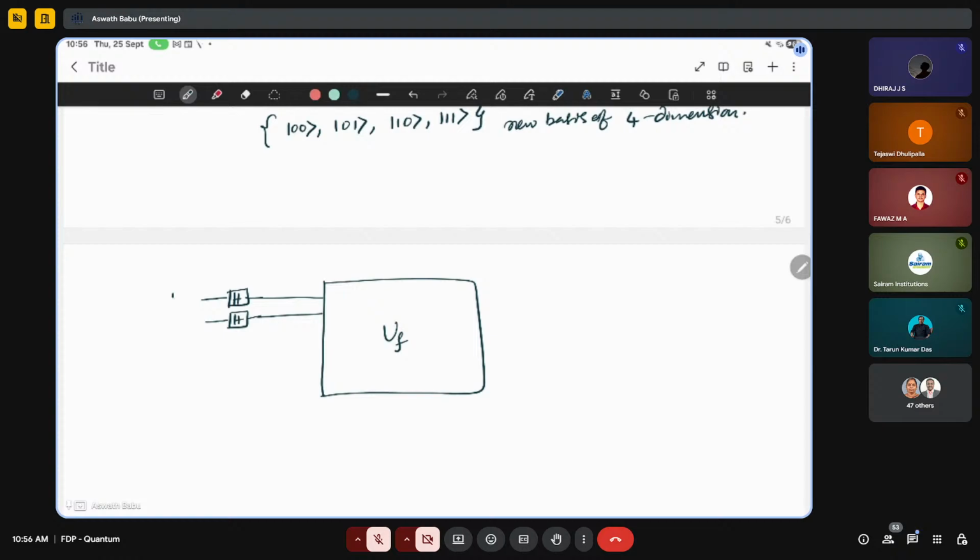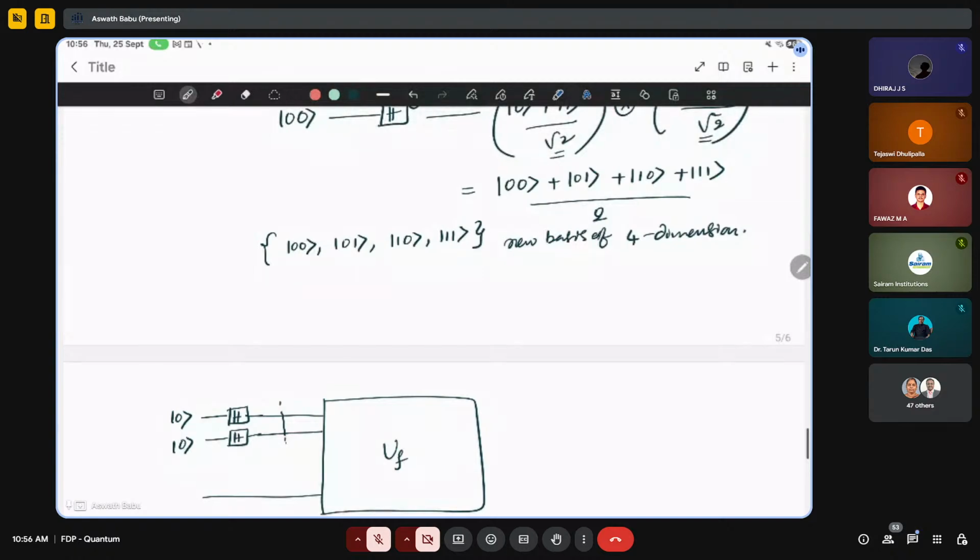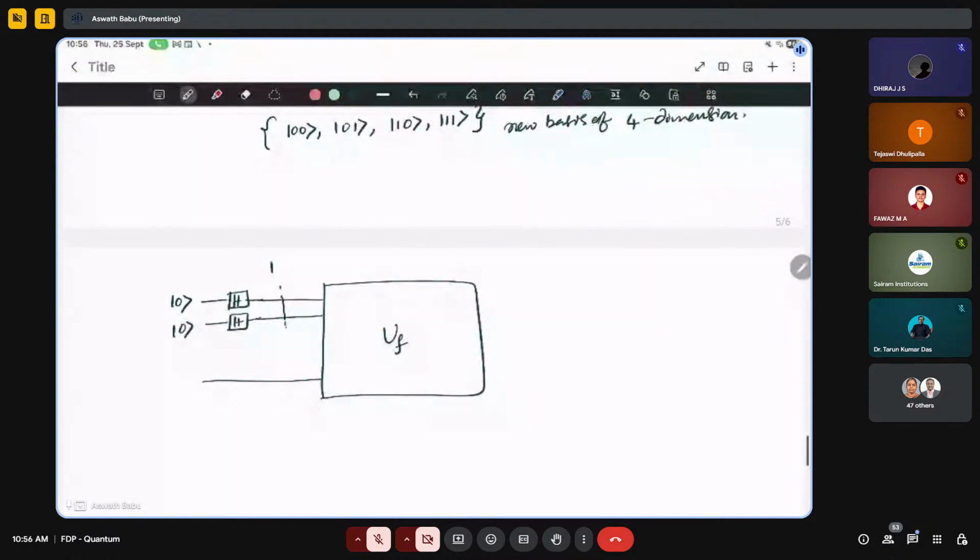Starting with 0, 0 here, at this point I'll have this superposition state, what I was referring to earlier: 0,0 plus 0,1 plus 1,0 plus 1,1, divided by 2. In the target part, I'll have 0 only.